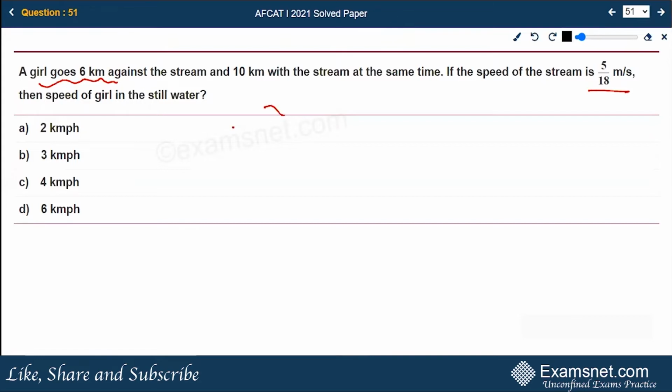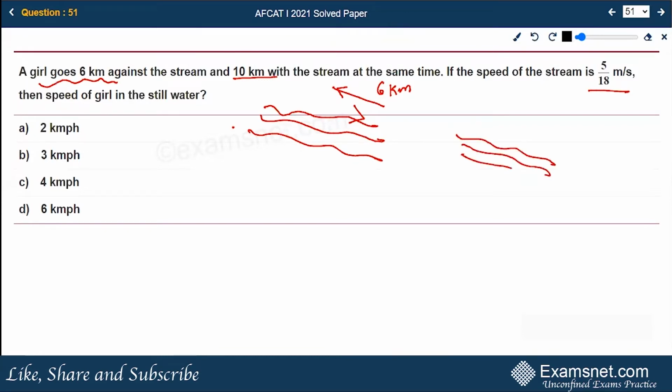Suppose this is the flow of the stream and the girl is going in the upward direction. She has moved 6 kilometers in this journey and 10 kilometers down the stream. This is the direction of the stream.